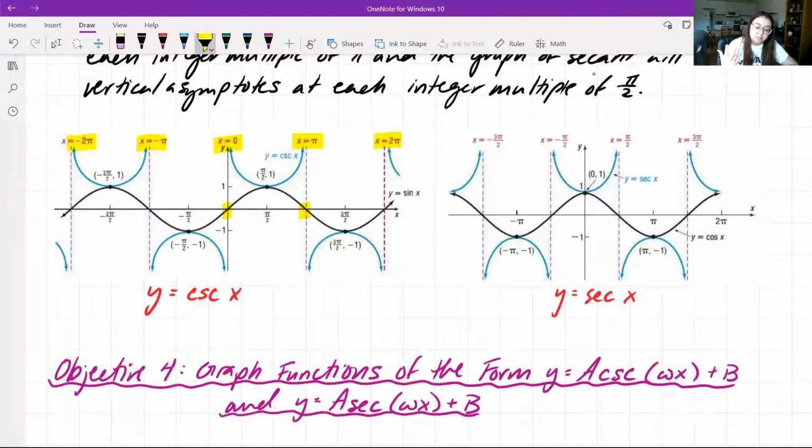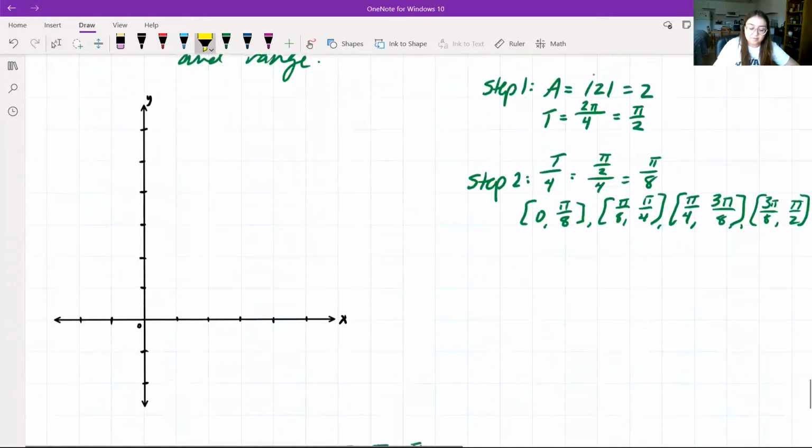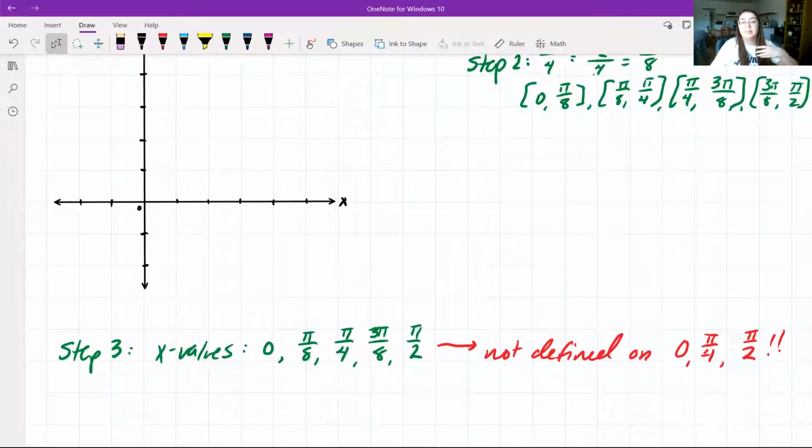So this is where we have our vertical asymptotes. But what we did was we compressed by a factor of 4, which now means that we're going to have undefined values at 0, pi over 4, pi over 2, 3 pi over 4, 2 pi, and so forth. So we have a lot more vertical asymptotes.